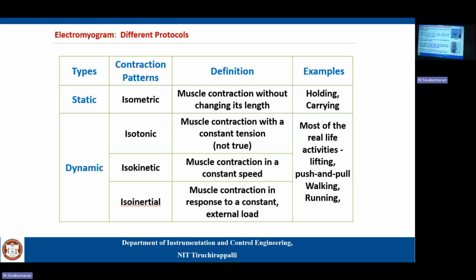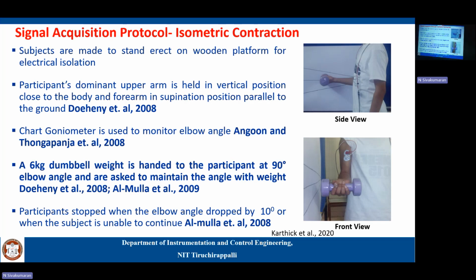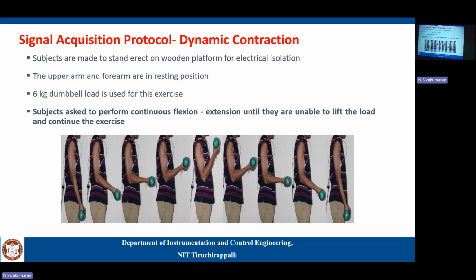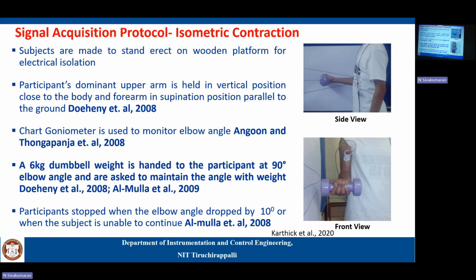This is isometric. Isometric means we give a weight and ask the subjects to maintain a certain position. Here, my friend is holding a weight, and we asked him to maintain the elbow joint at 90 degrees.